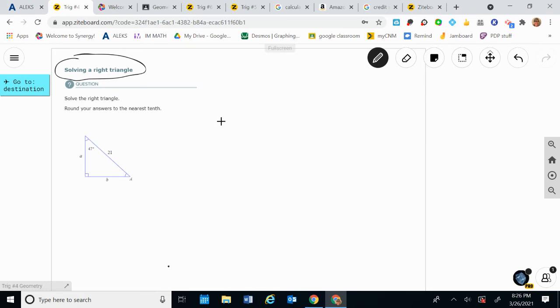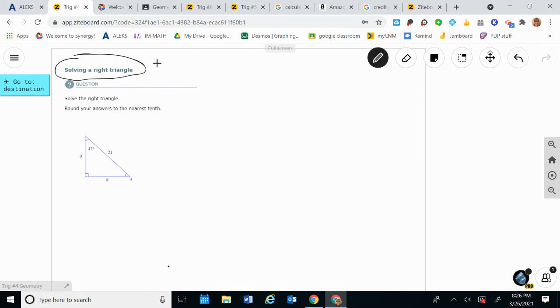This is going to be worth a quiz score and bigger than just a problem. My typical test for this chapter would be solving 3 different triangles, and that's it. Actually, that's not true. Solving triangles and then do 1 law of sines and 1 law of cosines, which we haven't hit yet.